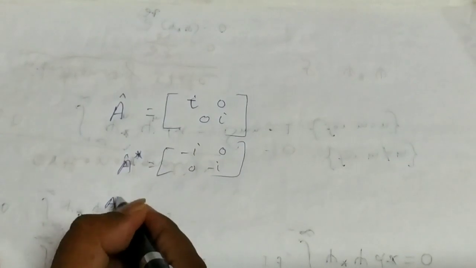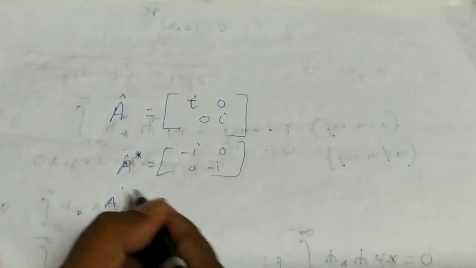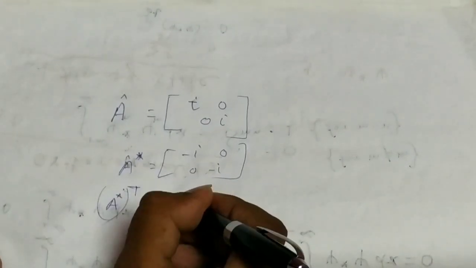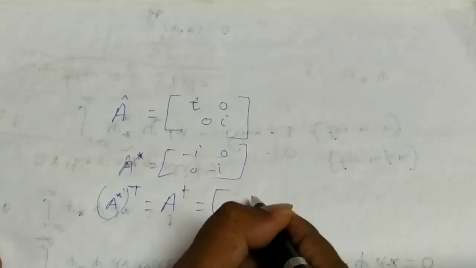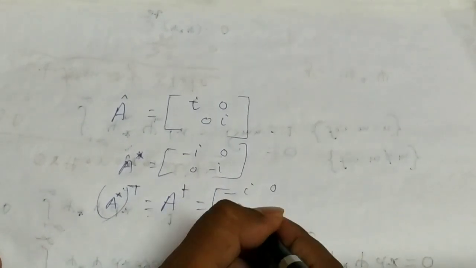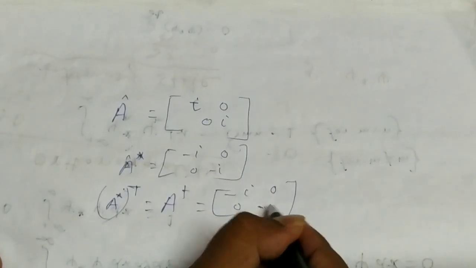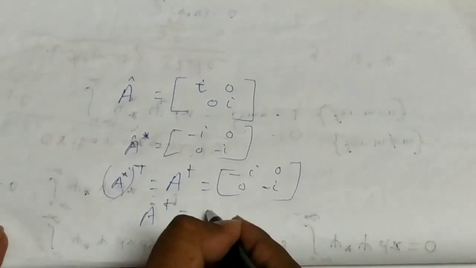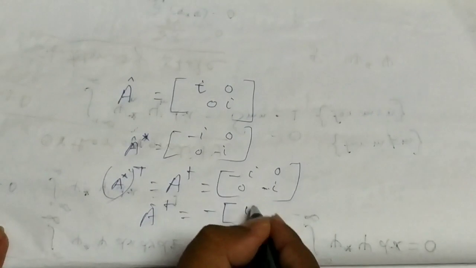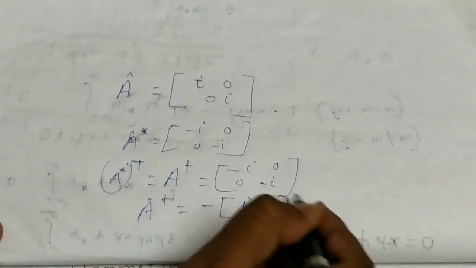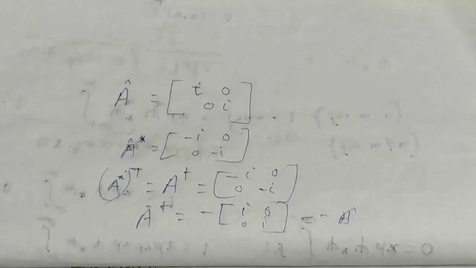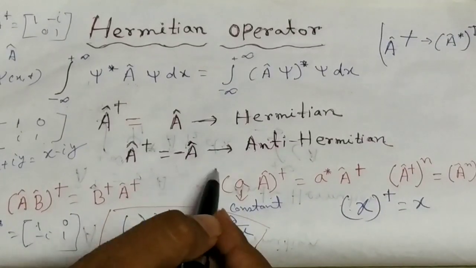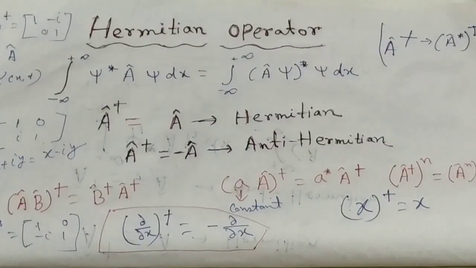Now if we take its transpose, changing row to column and column to row, A dagger is equal to [minus i 0; 0 minus i], that means minus A. So an operator which satisfies the condition A dagger equal to minus A is called anti-Hermitian.